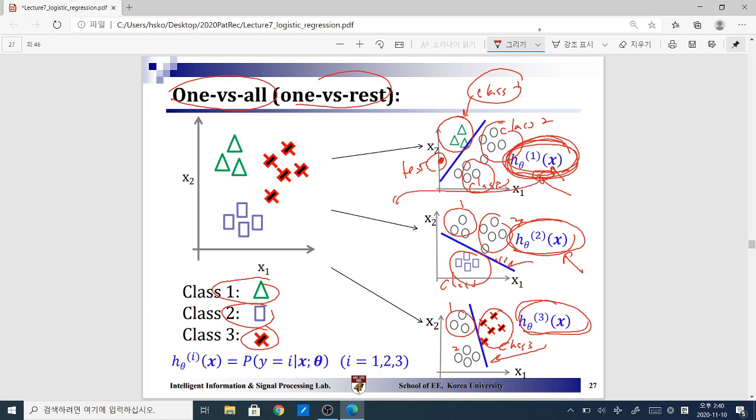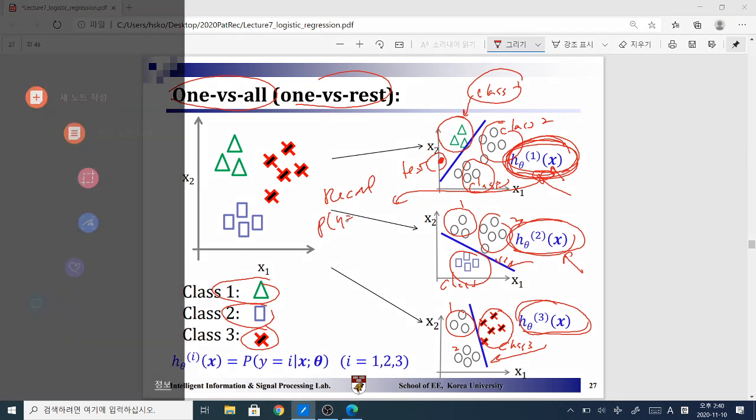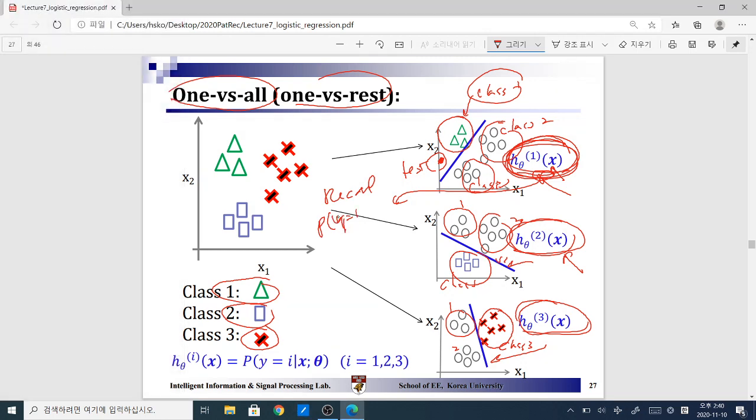This represents, remember, the probability that y is equal to, say, y given the feature x parameterized by theta, and that is done by essentially 1 over 1 plus e to the minus theta transpose x.